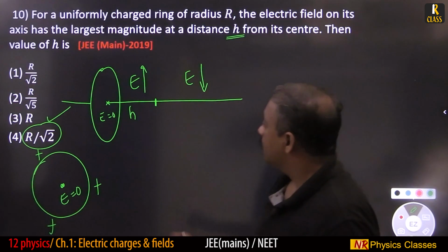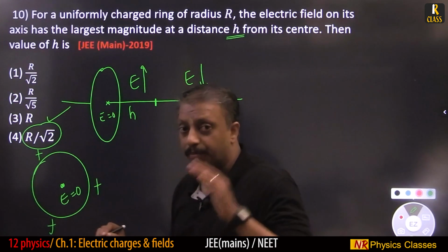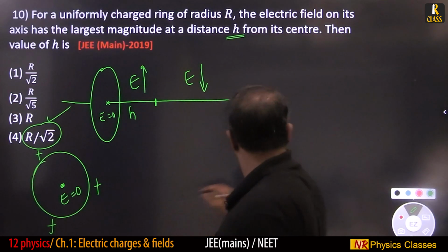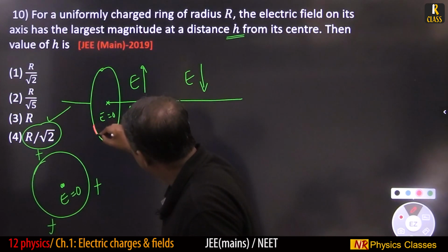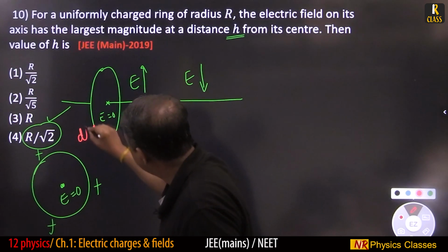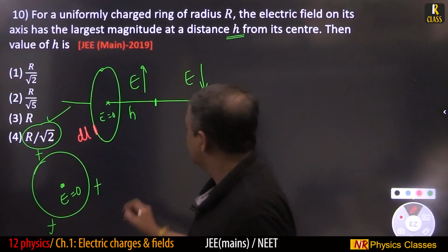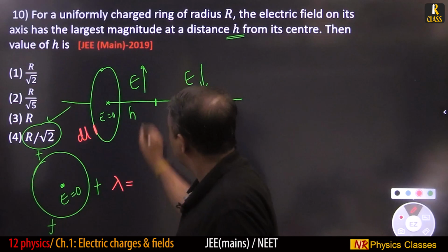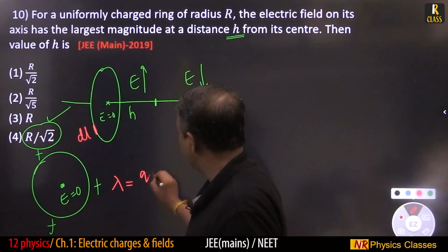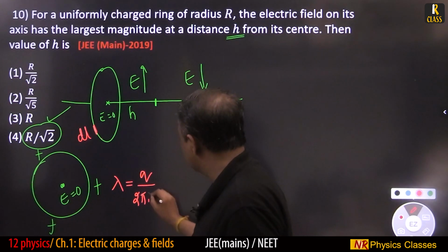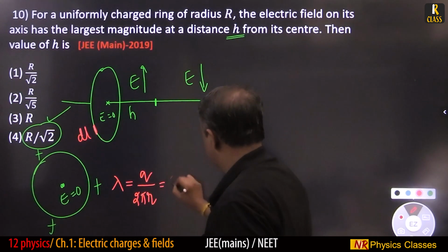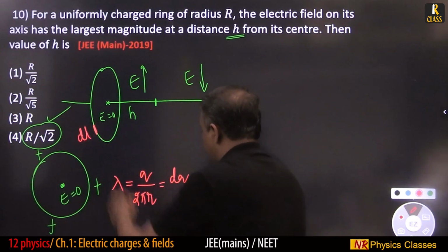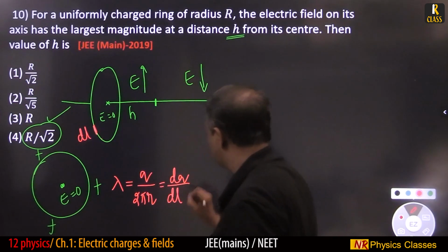Now, let us understand step by step. Let us consider a small region of length dl. So lambda equals total charge by total length. Total length is 2 pi r, equals small charge on this length by small length dl.